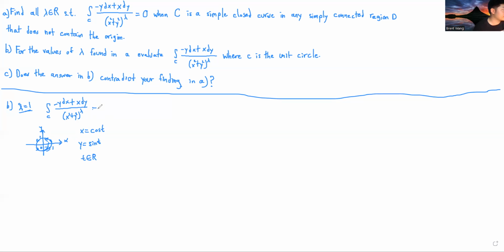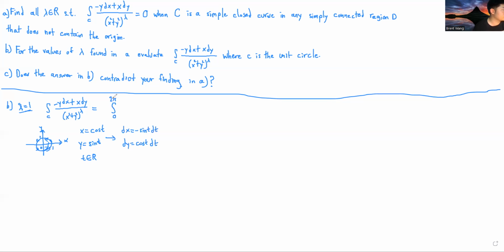So using our parameter t, it's from 0 to 2 pi, negative y dx. Actually, I should have mentioned this on the side. So dx is negative sine t dt, dy is cos t dt. So let's just plug in the values and turn them all into the parameter t.